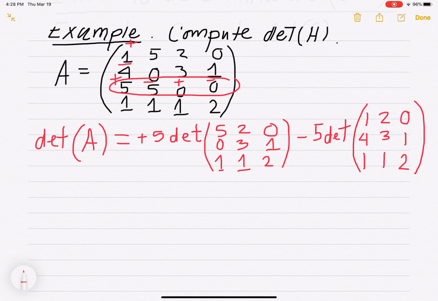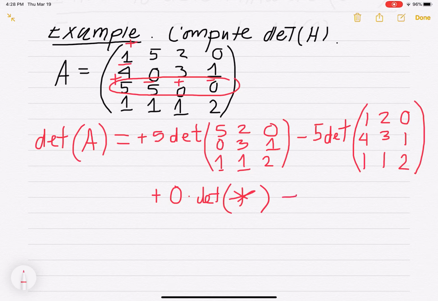All right, now I'm going to move to the third entry along that row. I'm going to have a plus now, right? 0 times determinant of whatever. Who cares what the submatrix is? It's not going to matter because we're going to multiply that determinant by 0. It's going to 0 out. And then we're going to go to the next term, the fourth term in that row.